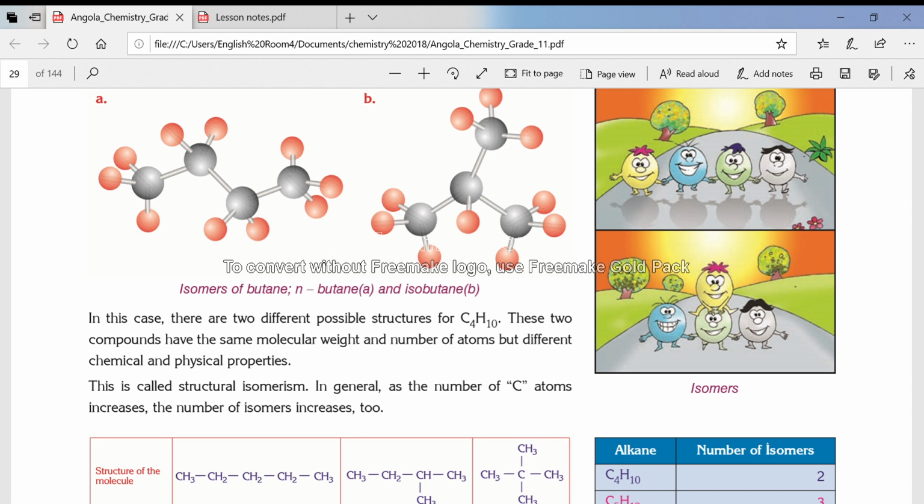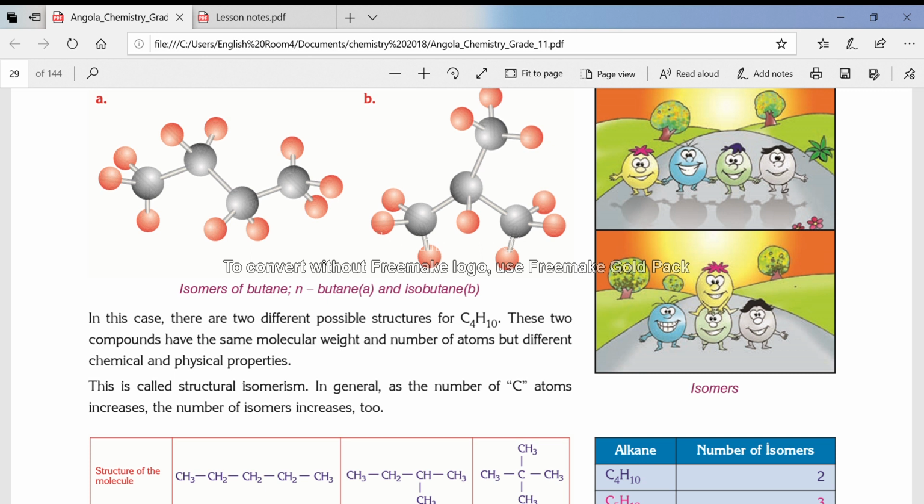Like we said in the last chapter, the introduction to organic compounds, the same molecular formula in organic chemistry could present different structures. That's why we need to use the structural formula. Structural isomers have the same molecular formula and different structures.